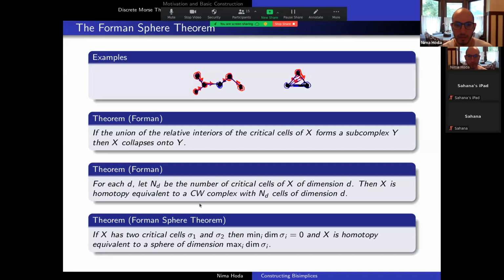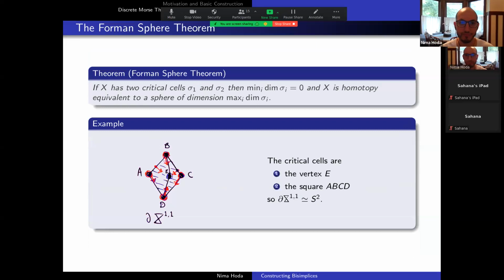And finally, and most importantly for us, is Forman's sphere theorem. If you have a Morse matching with 2 critical cells, then your complex is homotopy equivalent to a sphere. And the dimension of the sphere is the dimension of the higher dimension of the 2 critical cells. Okay, so here's an example of a Morse matching with 2 critical cells.